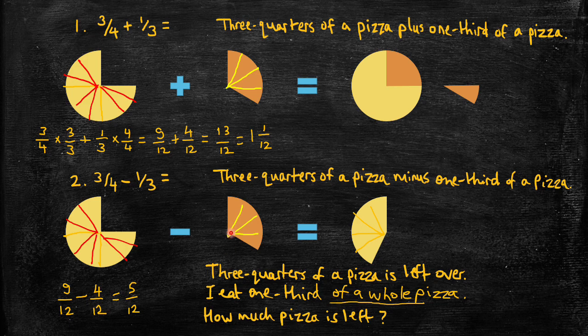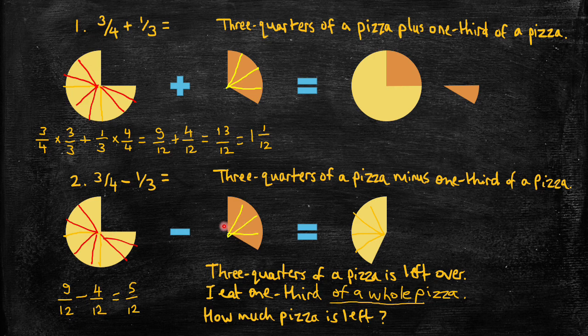I'm talking about this is what I'm eating, a 1/3 piece of a whole pizza. In relation to this over here, I'm eating this section here. So it's not 1/3 of the leftover 3/4 of a pizza.